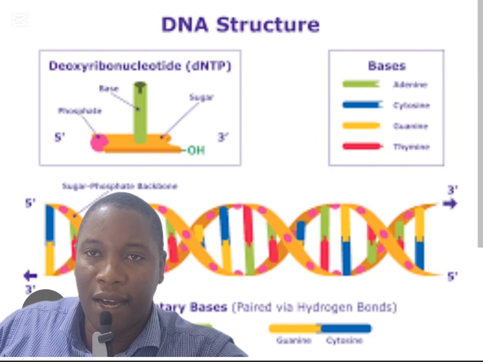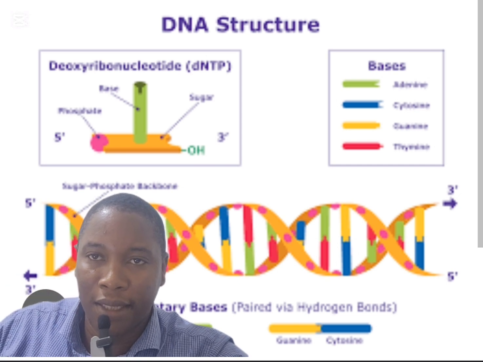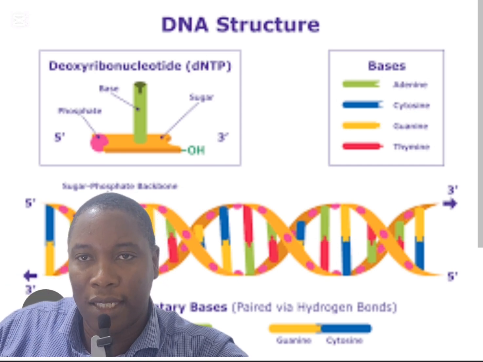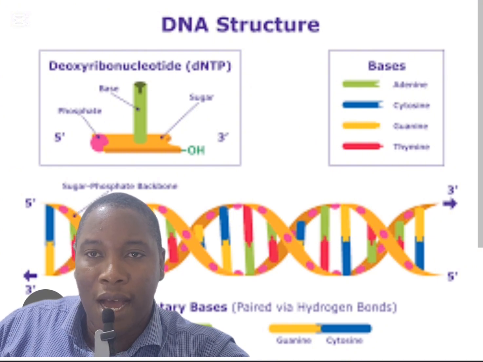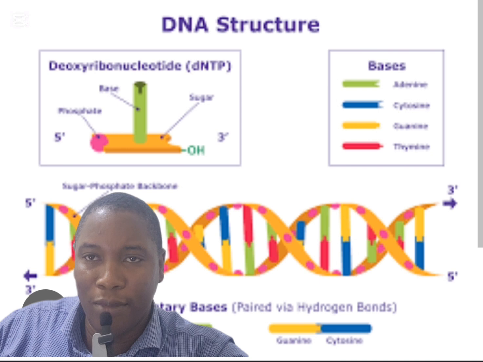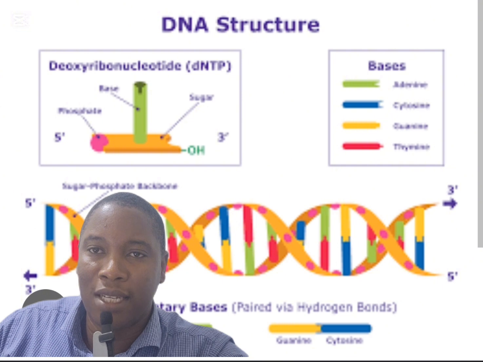Of course, we know we have adenosine, cytosine, guanine, and thymine. You have these four nucleotides. Now, the question that sequencing wants to answer is, how are these nucleotides arranged in the DNA molecule? Simply, that is what we refer to as DNA sequencing.